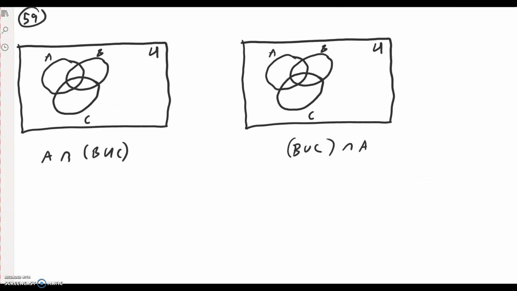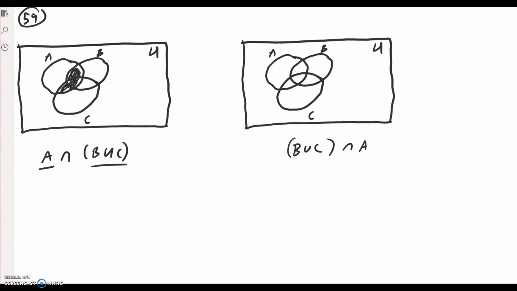B union C is everything in B and C. That's B and C circles all filled in. And we want the overlap or the intersection of that with the circle A. So these guys right here are everything that is in A that is also in B or C. But what about this? This intersection seems to be the same pieces but in the opposite order.